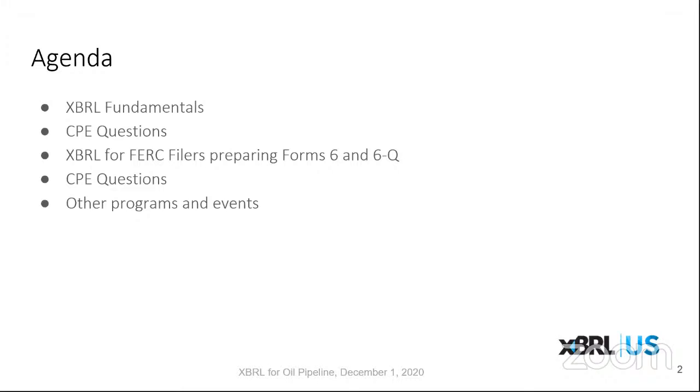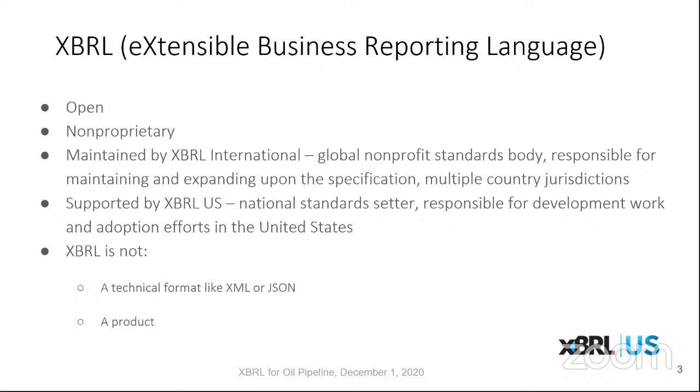And so with that, I'm going to go straight into XBRL fundamentals. XBRL, Extensible Business Reporting Language, is an open, non-proprietary data standard. That means that there are no licensing fees associated with the use of the standard. XBRL is maintained by a global nonprofit standards organization called XBRL International, which is responsible for maintaining and expanding upon the specification.